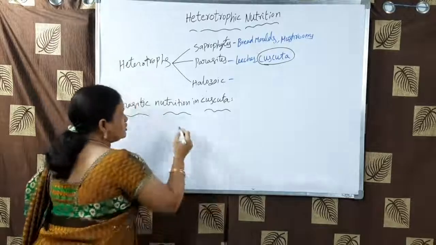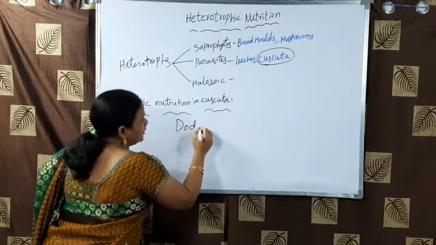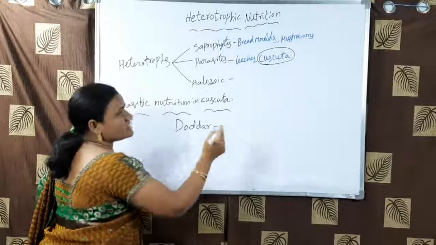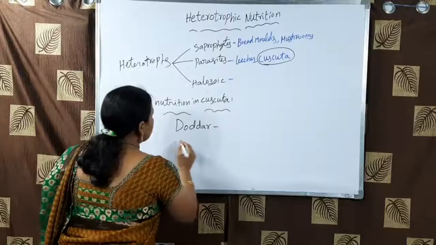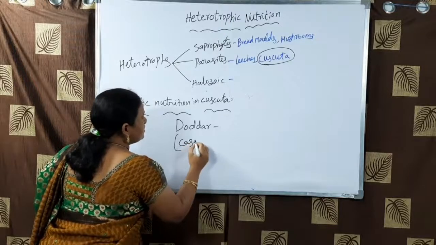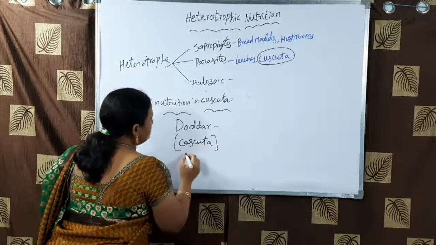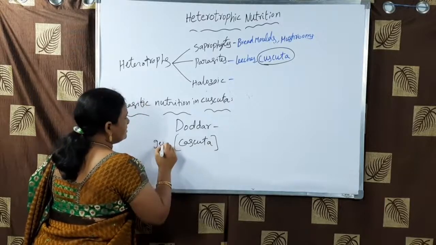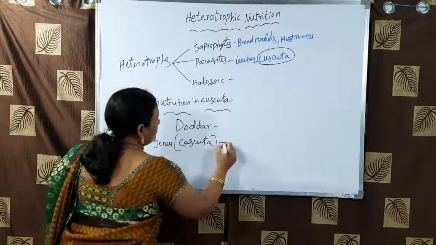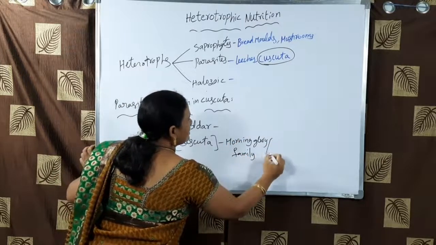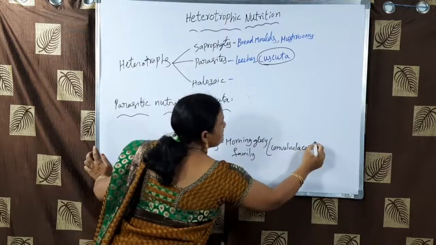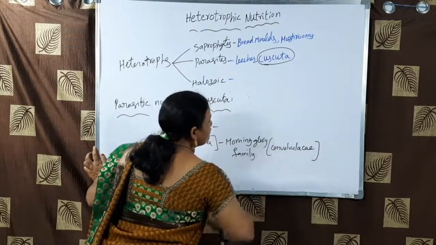Cuscuta, its common name is dodder. It is a leafless, twining, parasitic plant. That means it has no leaves. It belongs to the Cuscuta genus from the morning glory family, that is the Convolvulaceae family.